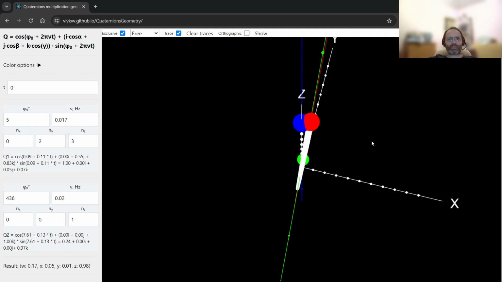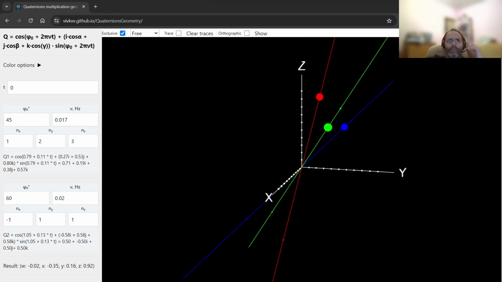So, what am I leading to? Why do we even need these planes? Let's set the question this way. What is a quaternion and what does it do?